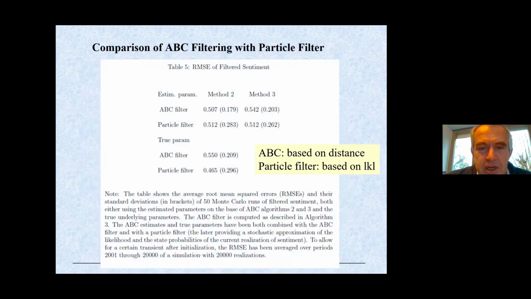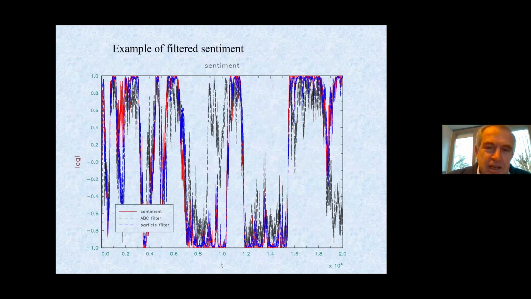Here's a comparison, but I show you better an illustration here. The red line is the hidden variable, which I don't see in the estimation, but of course, since I have simulated it, I know it. And the blue and the dark black broken lines show you the filtering of these time series, the indirect recovery of this time series via the ABC filter and via the optimal particle filter that uses the likelihood.